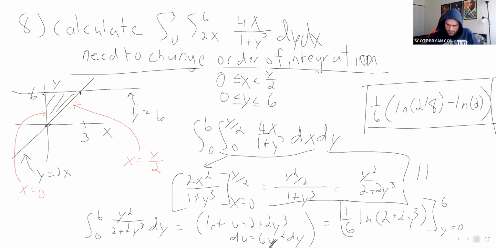Right, 2 plus 2y cubed. So instead of 218, it should be 436. Nope, sorry, 434.